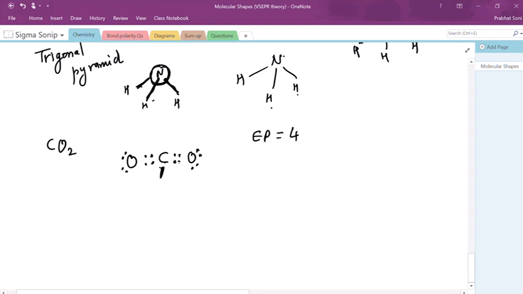So effectively, I will say that it has only 2 electron pairs for the purpose of VSEPR theory, for the purpose of determination of the molecular shape. So you got only 2 sticks here. So the shape would be this. It's a linear shape, and that basically covers the discussion of VSEPR.